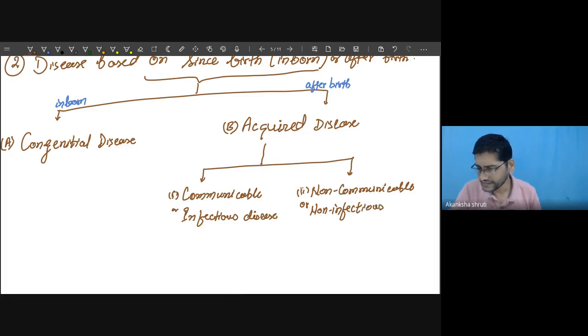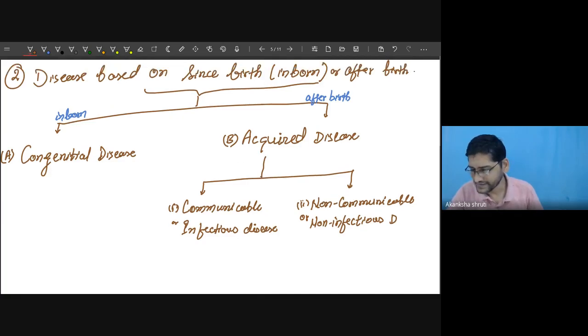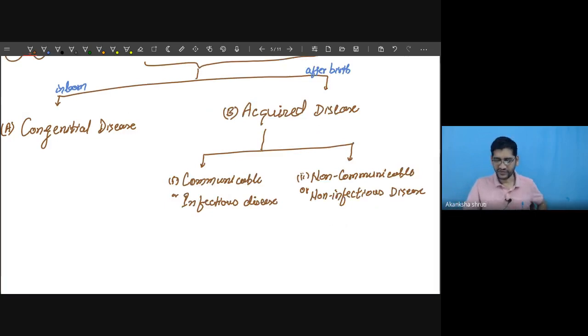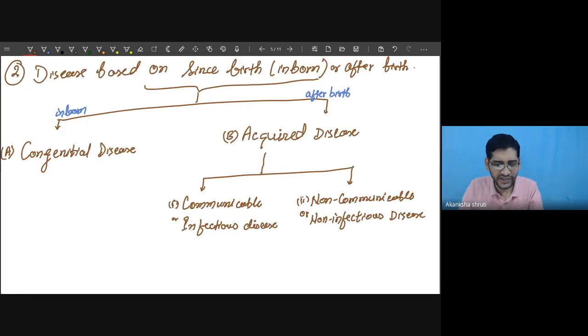Once you understand this classification, it becomes very easy to give the definition, understand, and write the symptoms of that disease. It is this way. Further, if you go for communicable disease, you will get various classifications that we will also see.